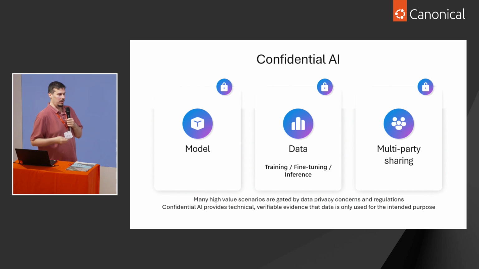So the idea is that you can create this attested confidential environment to trust your model, and everyone verifies the attestation of the code before you give access to your data. So that's also a very interesting scenario.